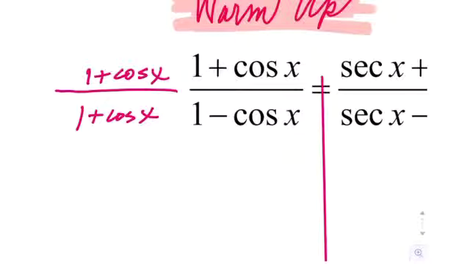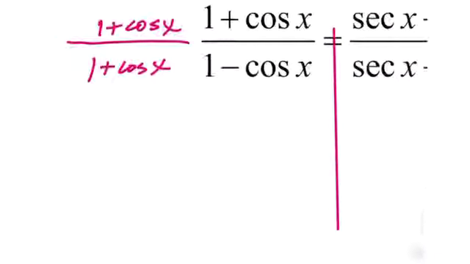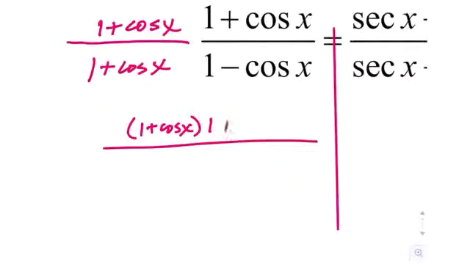Now, you don't need parentheses here around any two-term factors because they're separate factors with their own division bar, okay? But when you multiply them together, if you were to do that, don't go 1 plus cosine of x and then times 1 plus cosine of x, okay? What is wrong with that?